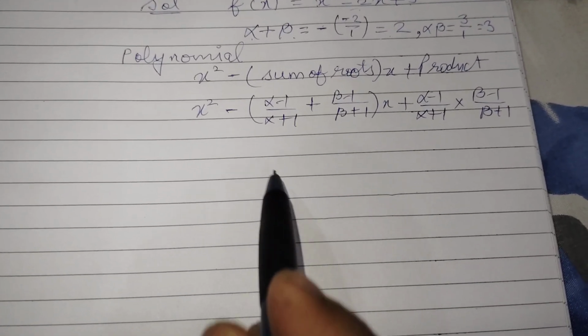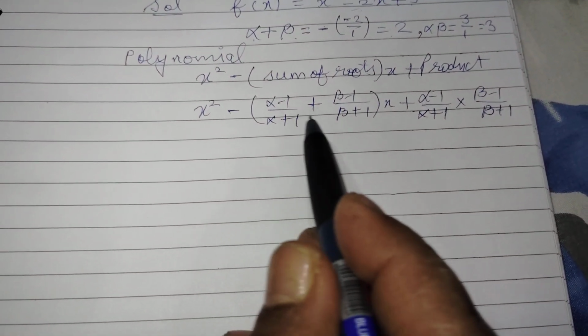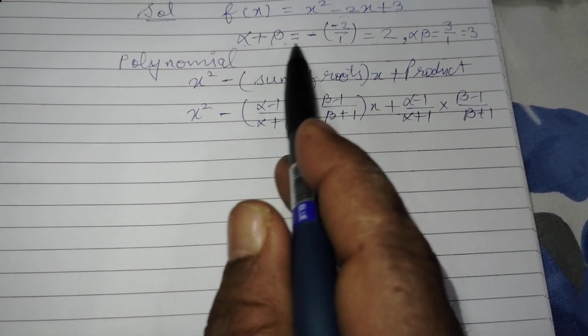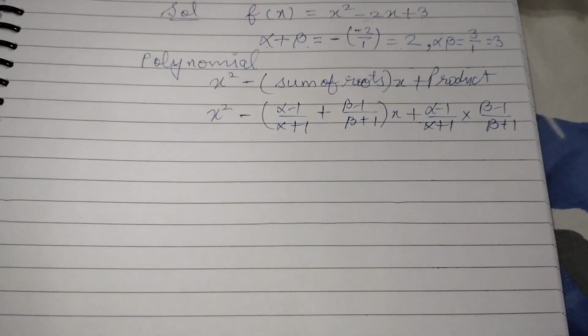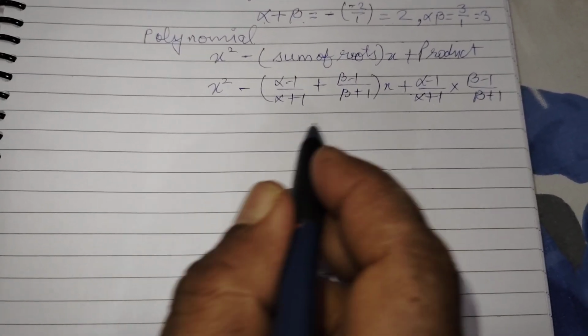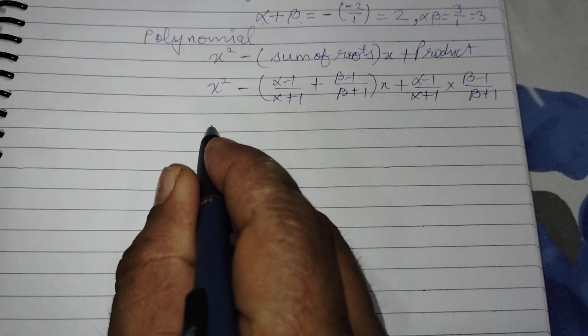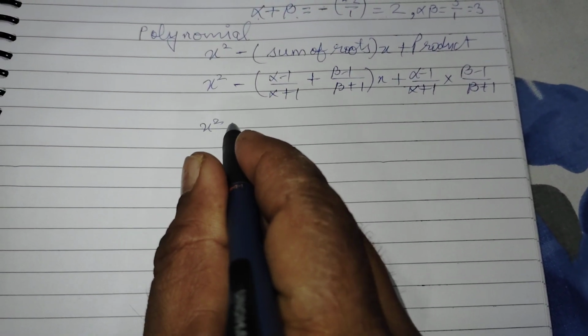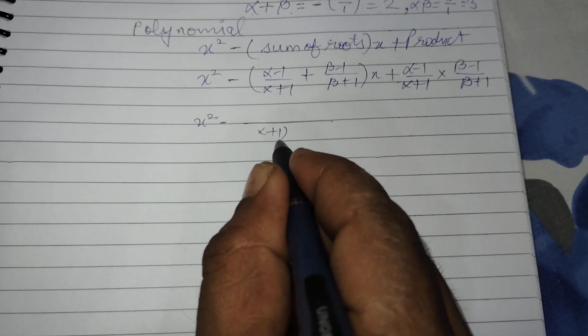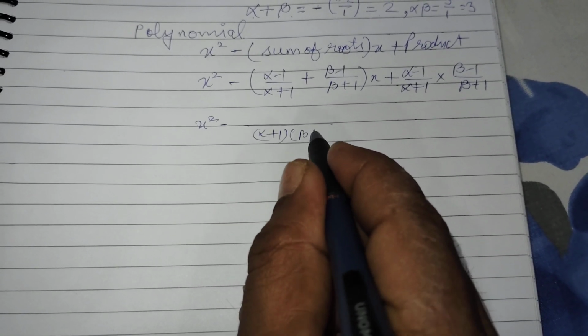Now we will find the sum and eliminate alpha and beta by plugging in values. In the middle term we take the LCM.